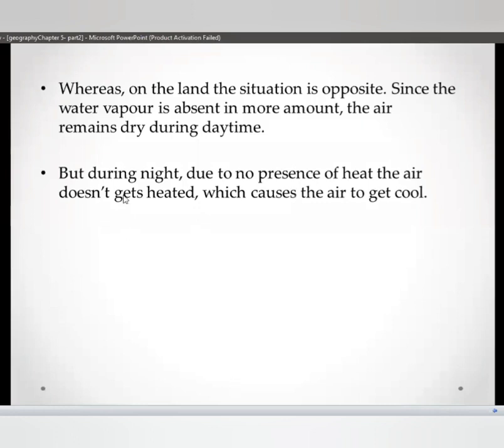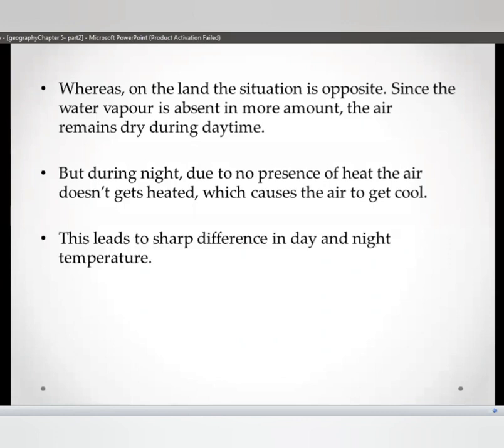During the night, due to no presence of heat, the air doesn't get heated, which causes the air to get cool. मतलब क्या है इसका कि नाइट टाइम में वहां के एयर में हीट नहीं होती है, इसकी वजह से वहां का एयर कूल होता है. दिस लीड्स टू शार्प डिफरेंस इन डे एंड नाइट टेम्परेचर.